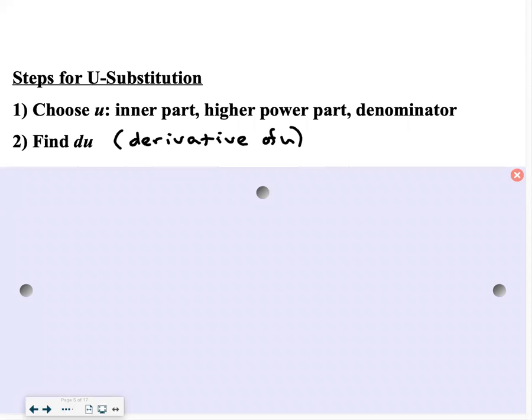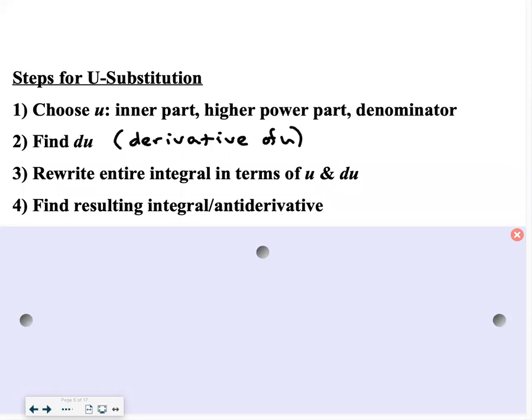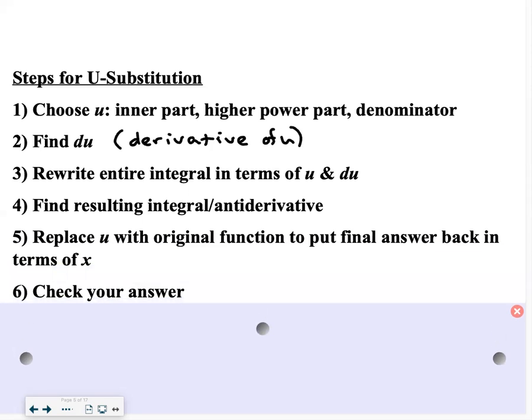There's a couple more steps under this. One more step down here.